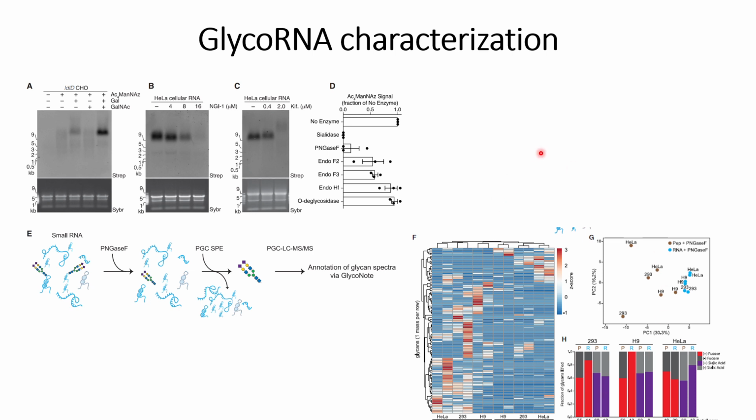So this whole figure makes the point that GlycoRNAs are rich not only in sialic acid but also in fucose, and they are mainly processed via the N-linked glycosylation pathway.